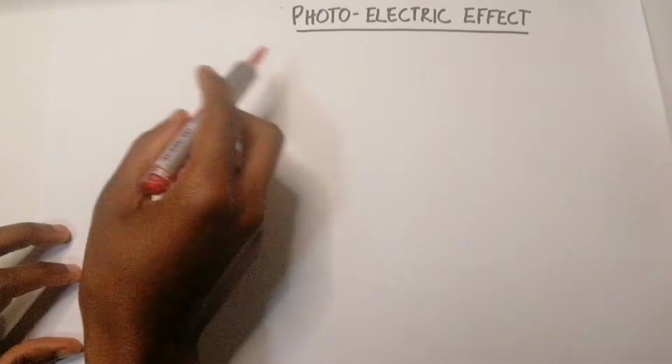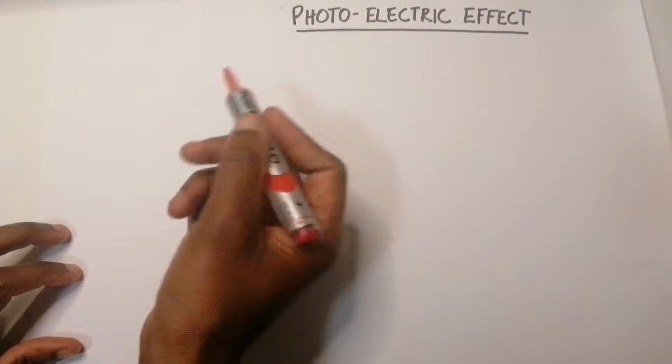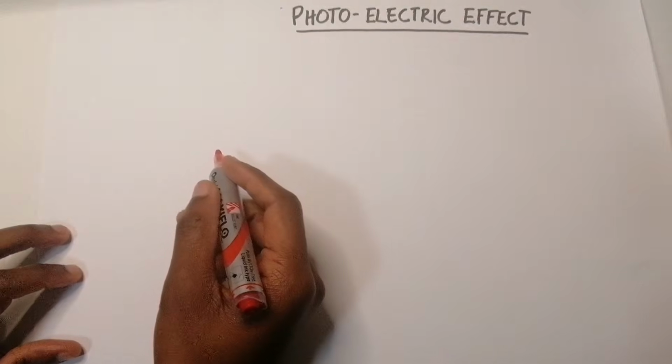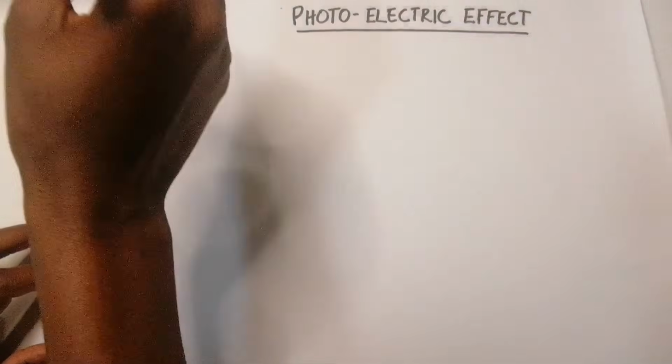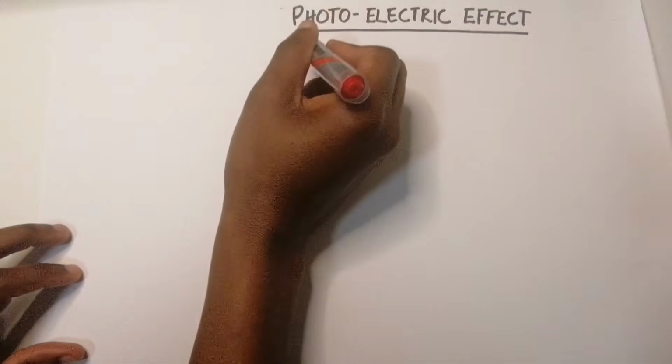We want to start with what we mean when we talk about the photoelectric effect. When we use the word photo, normally we're referring to taking photos and pictures, but this time remember that photo has to do with light.